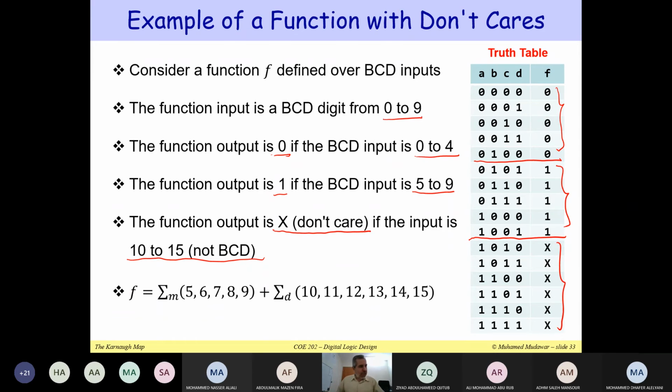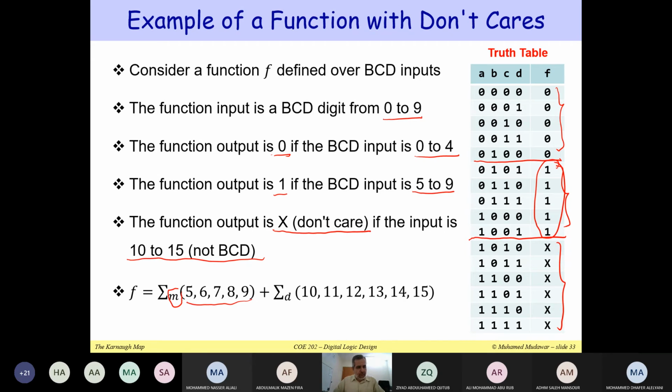So now the question is, how do I express this in sigma notation? We use the sigma to express the minterms. In this case, we have these 5 minterms, from 5 to 9, so I'm going to write 5, 6, 7, 8, 9. Notice that we are writing a lowercase m to indicate that these are the minterms, and we are writing them in sigma notation.